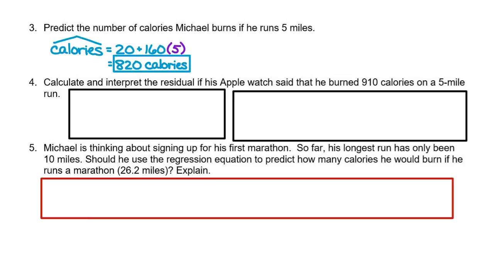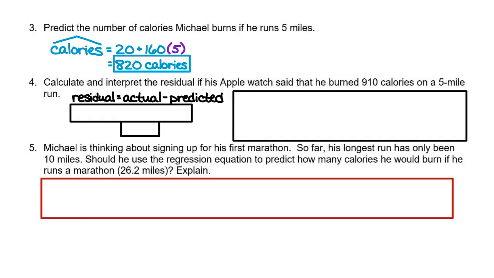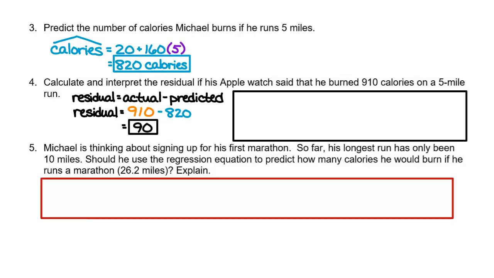Calculate and interpret the residual if his Apple Watch said that he actually burned 910 calories on a 5-mile run. How do you calculate the residual? Actual minus predicted. So what was the actual? 910. The predicted? 820, for a residual of 90.